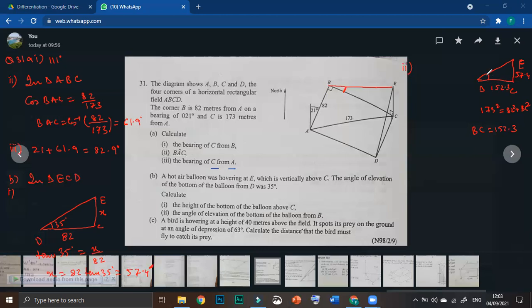We want to find out this angle, the angle of elevation, and we will use tan. Tan of B is equal to 57.4 over 152.3. What is the final answer for B?